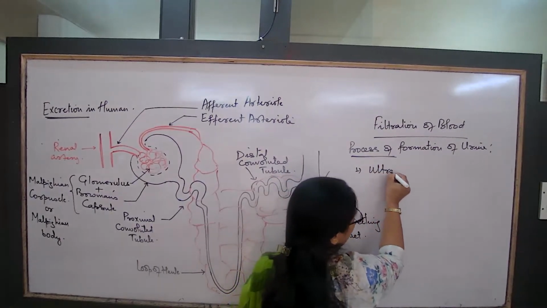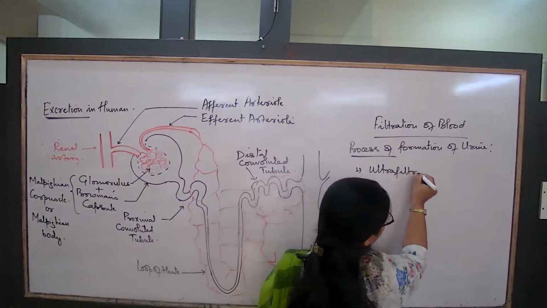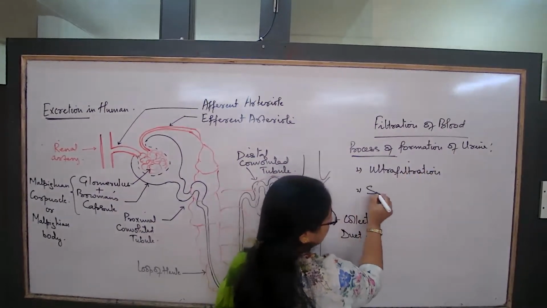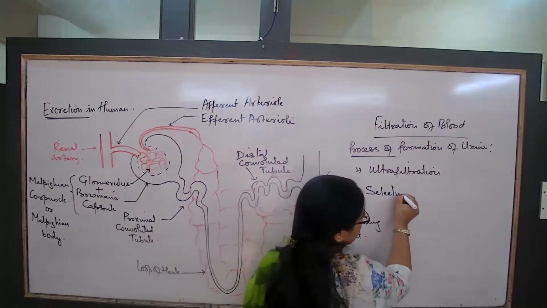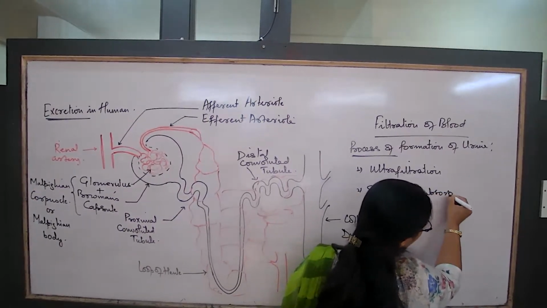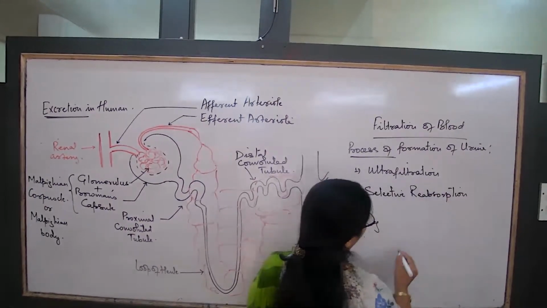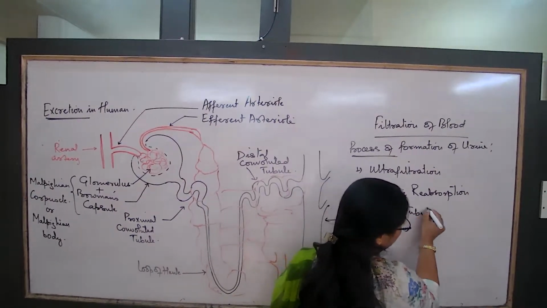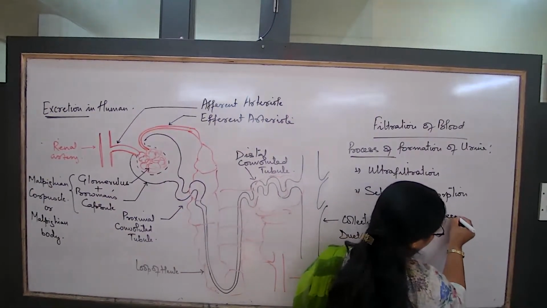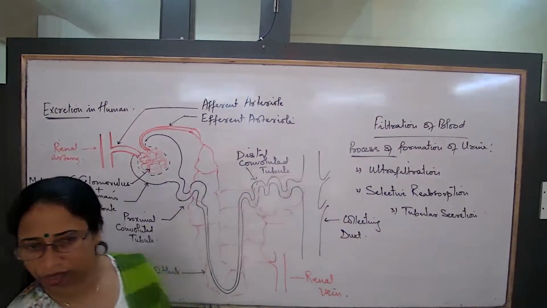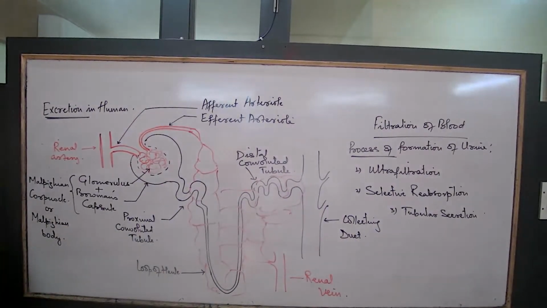The three steps are: first, the process known as ultrafiltration. The second step known as selective reabsorption, and the third step known as tubular secretion. That is what we are going to study now.